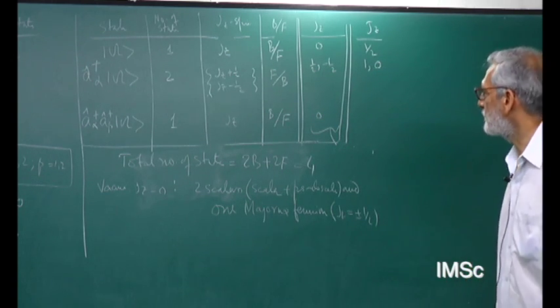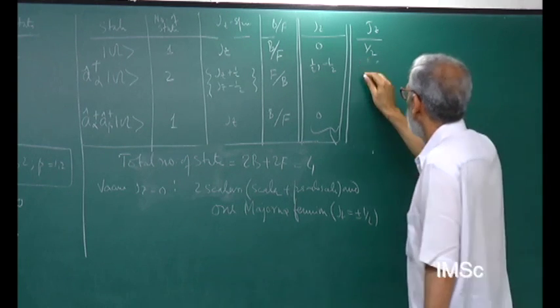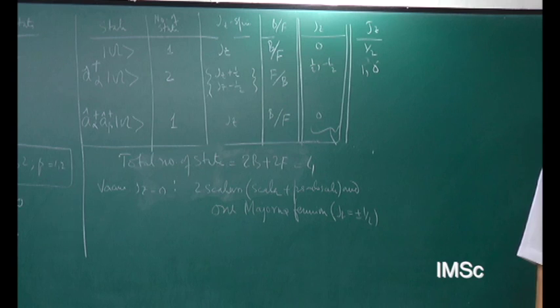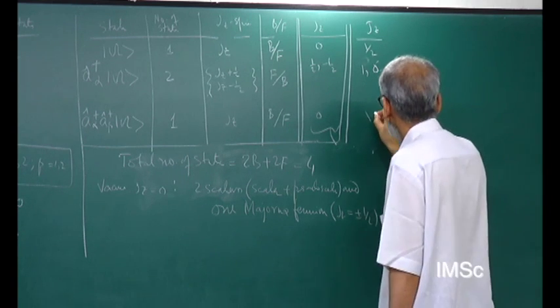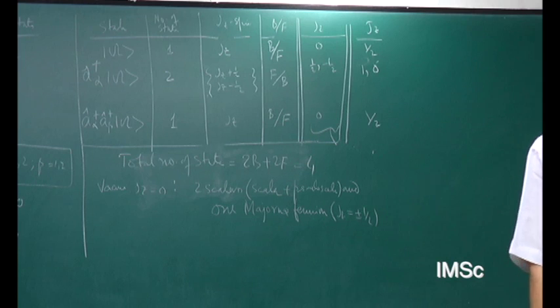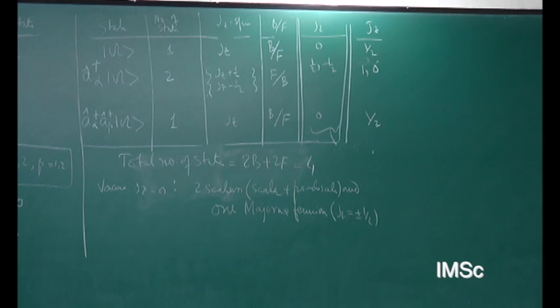So I'll have 2 states with Jz value 1 and 0, and this would be still half. Okay.